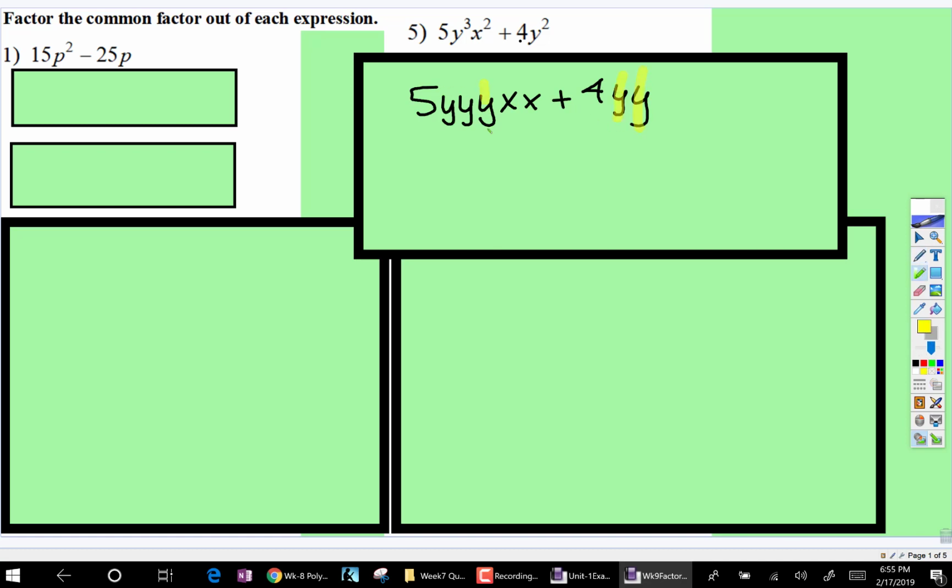Here's a y times y, here's a y times y. So y times y is y squared, so those y squareds get factored out, and then look at what we have. We have 5 times y times x squared, plus 4.